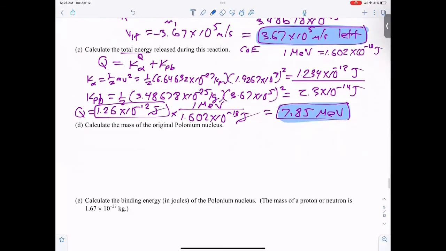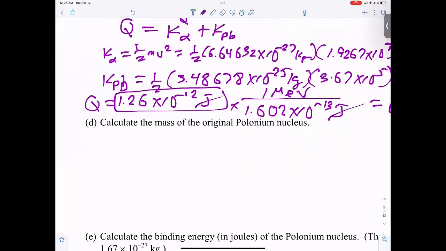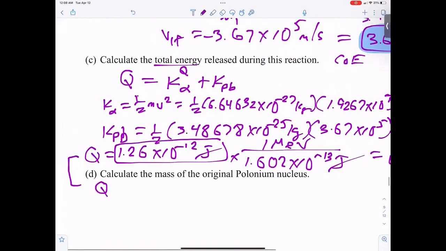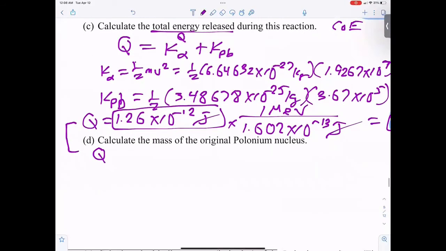Okay. Calculate the mass of the original polonium nucleus. Well, one of the things that we know is that this is where mass energy equivalents come into play. The total energy released is equal to delta M C squared, where delta M is the mass defect.